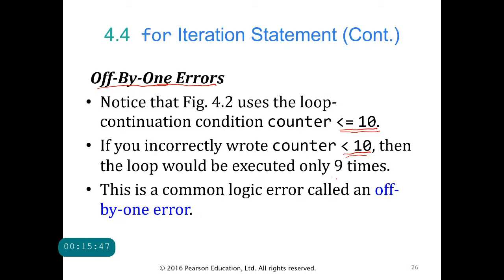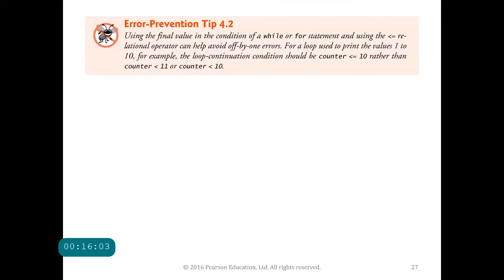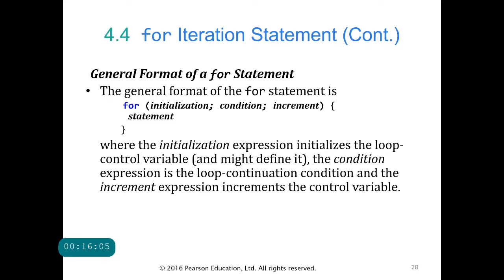So it would have executed one time less than what you had wanted. So remember that this can happen, and you need to be careful about how you write these statements, because this is a very common error.